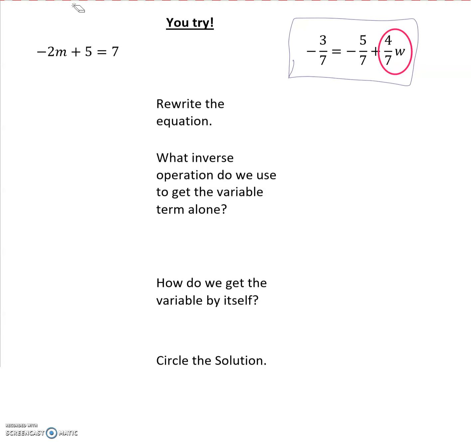Okay? So now I know where I'm not going to touch first, what I'm going to do first. I'm going to rewrite the equation just because for my own brain, I need to be able to see where it's at. I need to know what I'm working with, and rewriting it helps me understand all of the components that I'm working with.